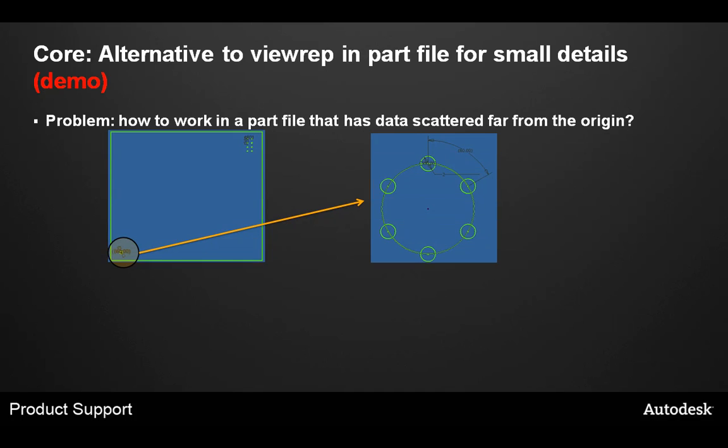Here is a tip for people amongst us that do a lot of DWG import, or people that work in large sketches with scattered details and sketch geometry that is very far apart. I'm showing here an example of where I have a sketch at the bottom, the left lower corner.